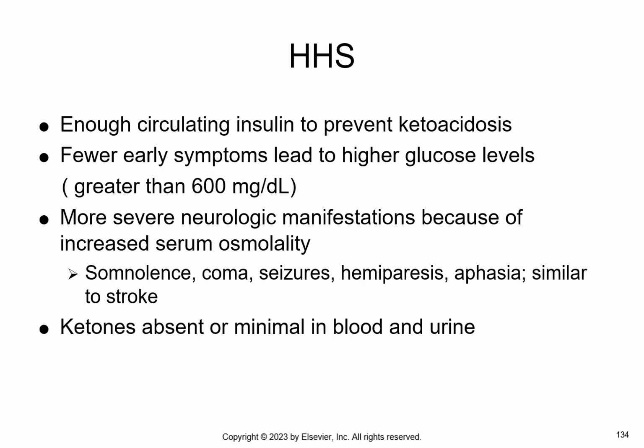Since these manifestations resemble a stroke, immediate determination of the blood glucose level is critical for making the correct diagnosis and developing a plan of treatment. Ketones are usually absent or minimal in the blood and the urine.